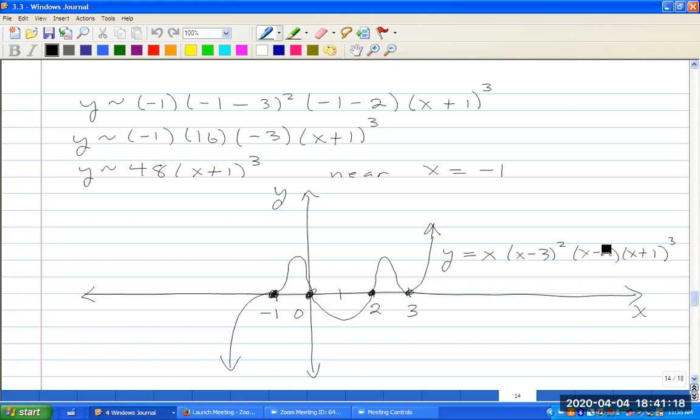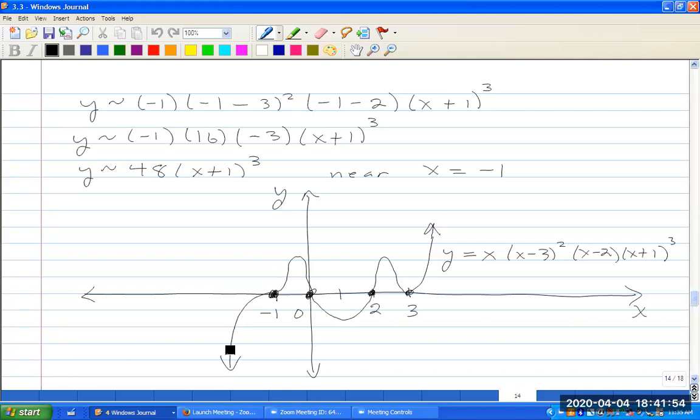The root at 2 has multiplicity 1, so it goes through linearly, looking like a line. The root at 0 is degree 1, simple, so it again looks linear. The root at -1 has multiplicity 3, so it passes through looking like a cubic, sigmoidal. And that's what the graph looks like.